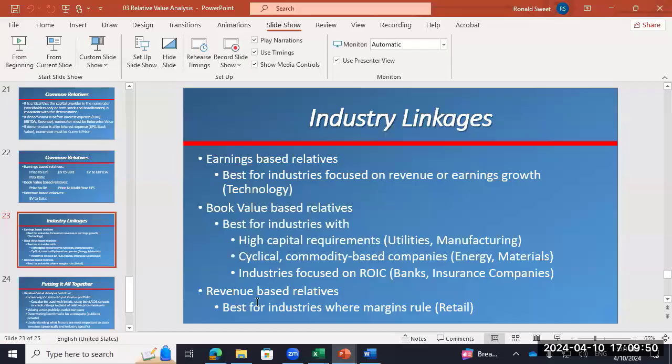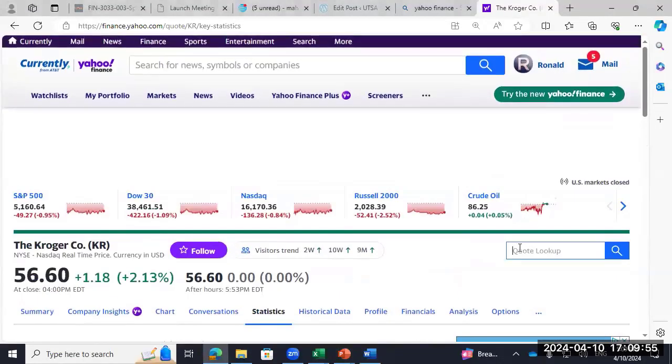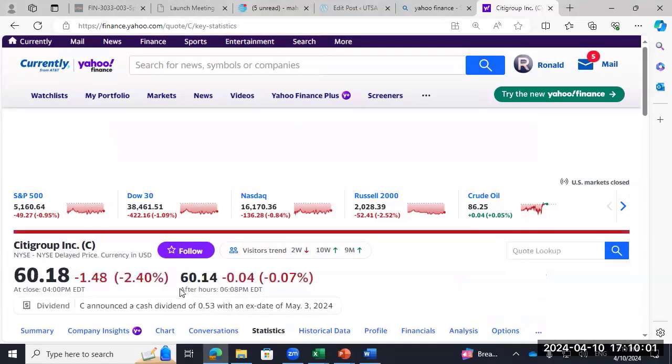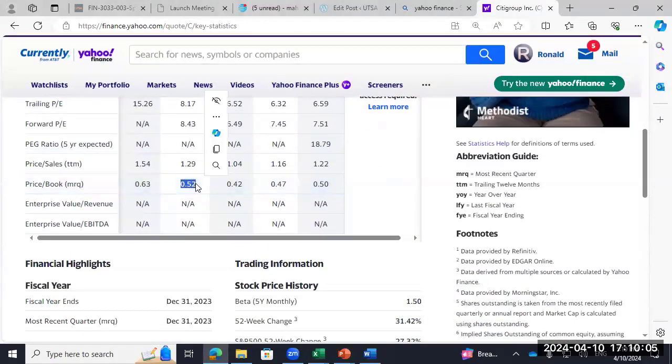Now the world has really changed here. Banks used to trade at a price to book of 2 to 1. But you look at Citibank and their price to book is 0.52, which is shocking. That means you can buy Citibank at a 50% discount to what the accountants say it's worth. And I thought you were taught in your accounting class that GAAP accounting was supposed to be conservative.